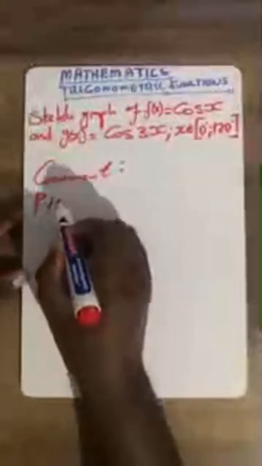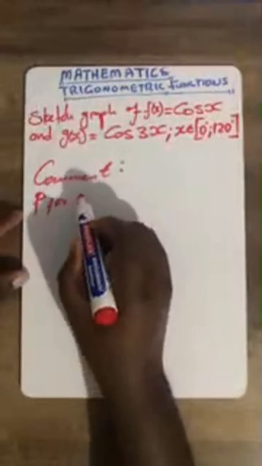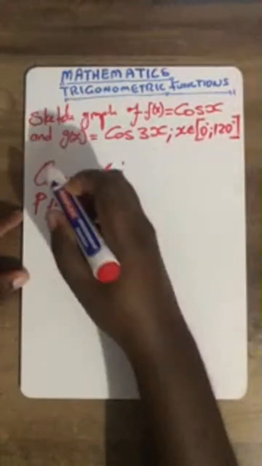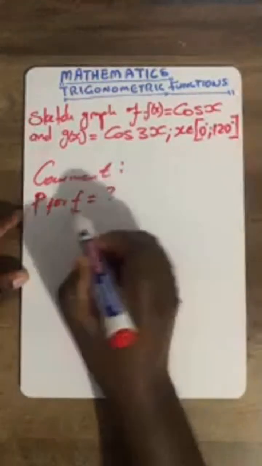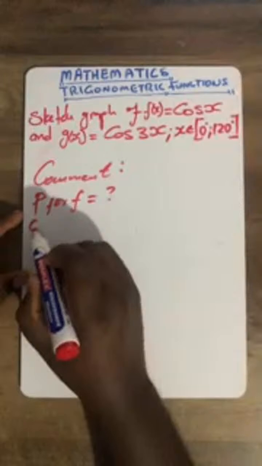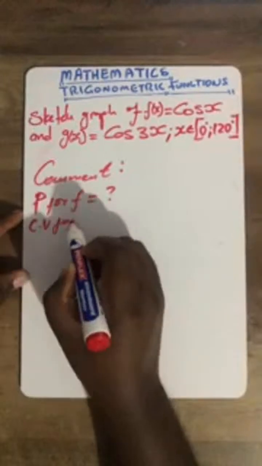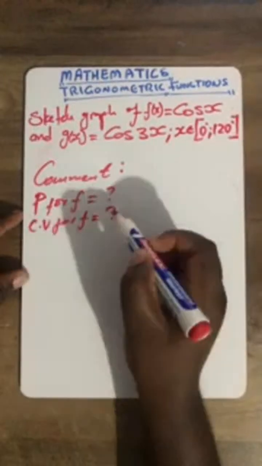But wait, I think you might need to say P, meaning period, for f of x is equal to what, and CV for f is equal to what.